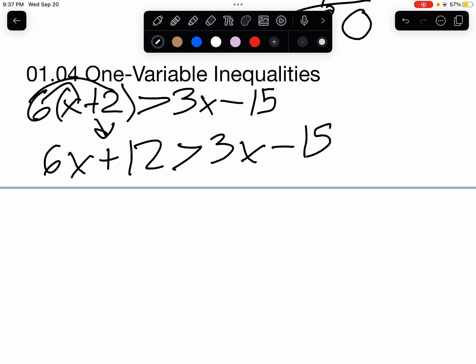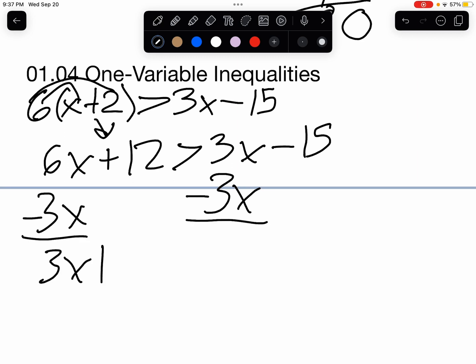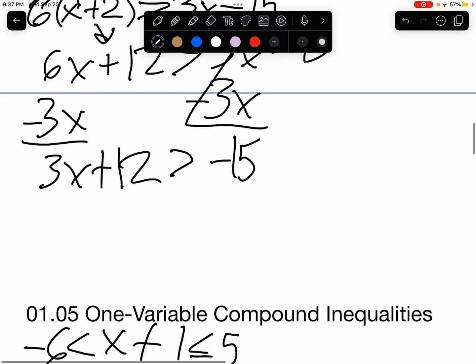Then you subtract 3x by both sides. Then you subtract 12 by both sides.